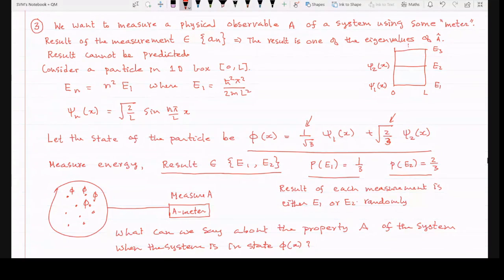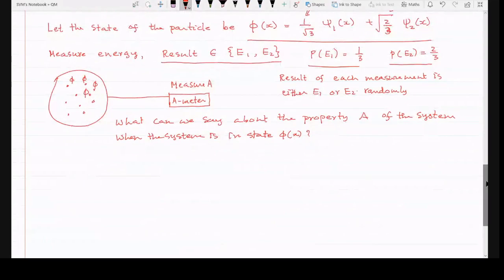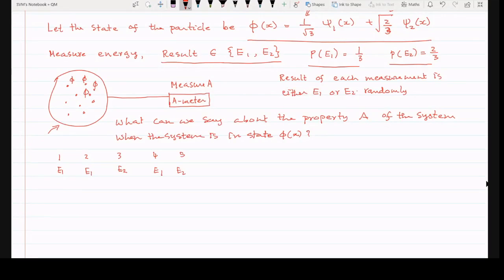Now, since there is a random variation of the results, the only natural thing that one can talk about, let us say that we are sending n number of particles. So the first particle has got a result as E1. The second particle from this source, I am saying, let's say, has got E1. The third particle is E2. The fourth particle is E1. The fifth particle is E2. Like this, you have certain n number of particles.